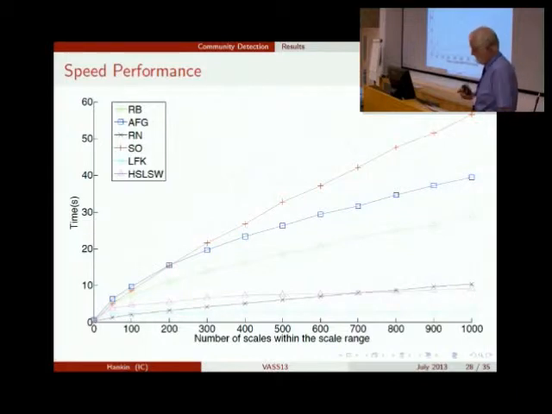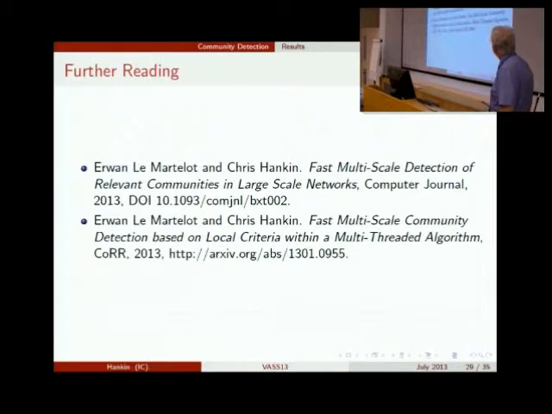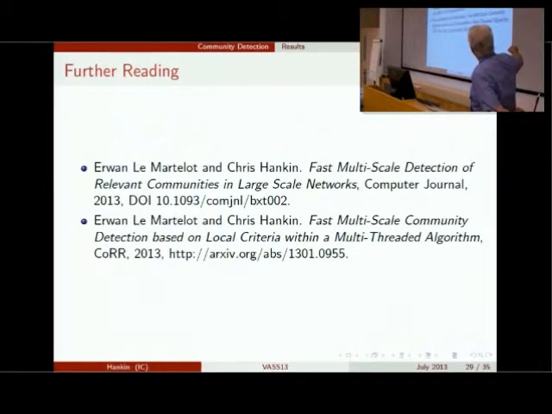And that's speed performance according to how many scale parameters you look at during the iteration. Okay, so those are the two papers. This is the key one, which is published in the Computer Journal, first appeared electronically in January, and most of what I've spoken to you about is in this paper.